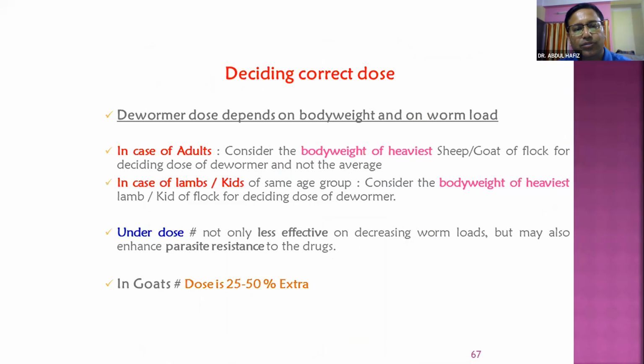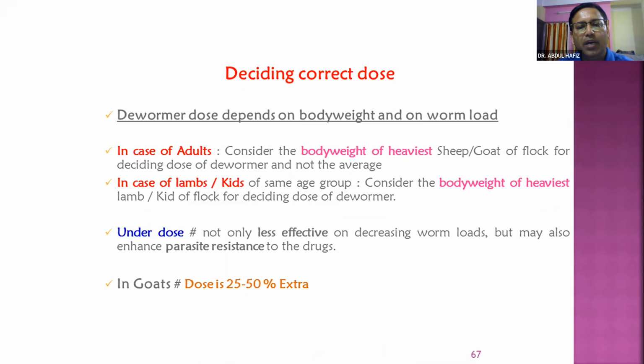Deciding the correct dose: as I have told, we have to select the proper dose rate, and after calculating the proper weight, use the proper dose for the animals. Underdose should not be given, because it leads to the development of anthelmintic resistance.